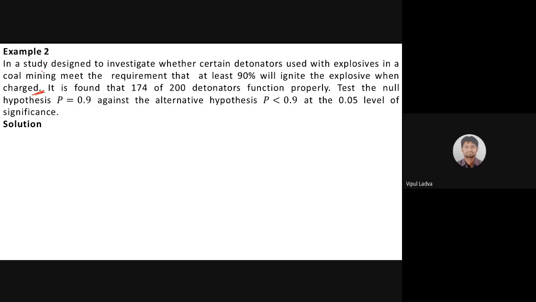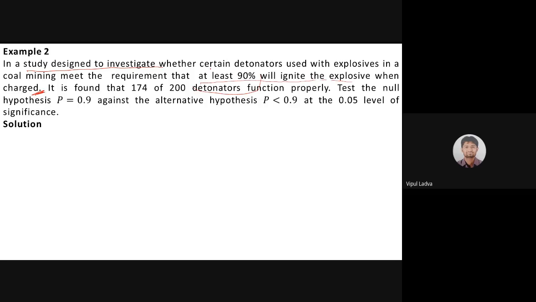So what is the situation we are having? In the investigation, we are having some of the information that at least 90% will ignite explosive when it's charged. So at least 90%. This is what the data we are having, and we will set a null hypothesis based on this.